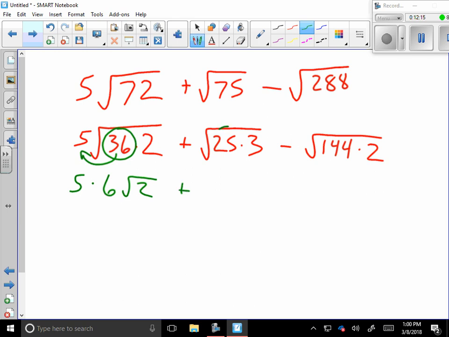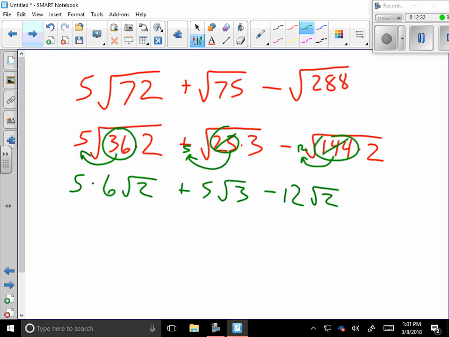This becomes 5 square root of 3. 144 is 12 squared, so it comes out as 12 square root of 2. So here I have 30 square root of 2, 5 square root of 3, and minus 12 square root of 2.